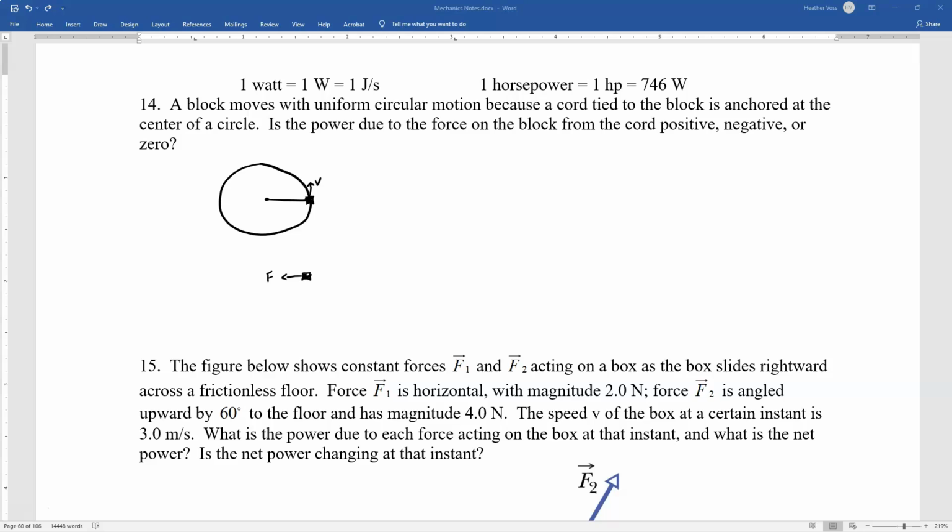Now I not only have that force, I have this speed right here going up. So if I want to look at the power, power we said is the force dotted with the velocity. Okay, so let's take this single position where this block is currently sitting. So my force is going to be to the left.